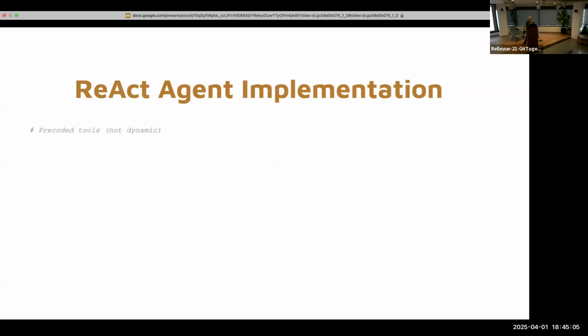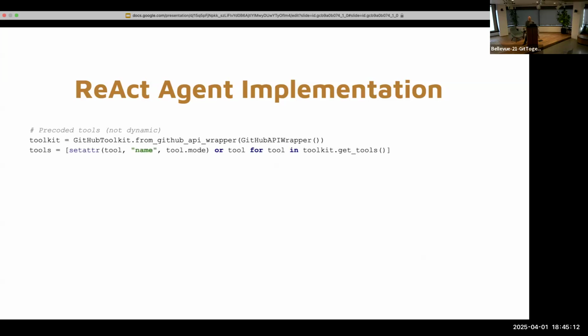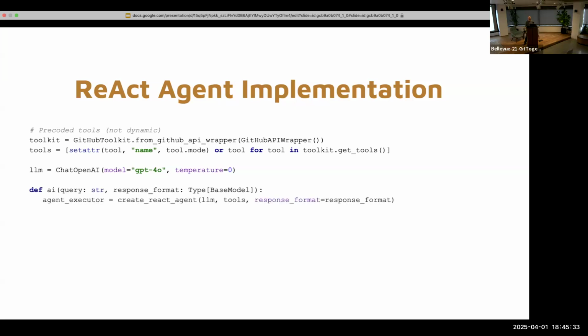All right, so here's our React agent. We've got to get the toolkits. This is a pre-built toolkit from LangGraph community, and it's built for demonstration purposes only. So if you wanted to build your own agent, you would probably want to expand this or build your own. We're going to use an LLM, and we're going to use a little function that helps us access the agent.